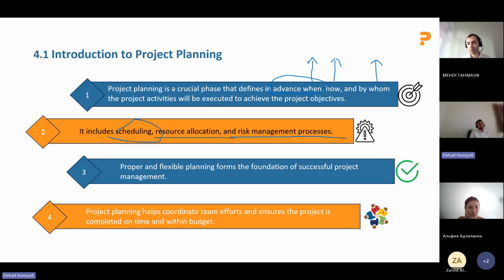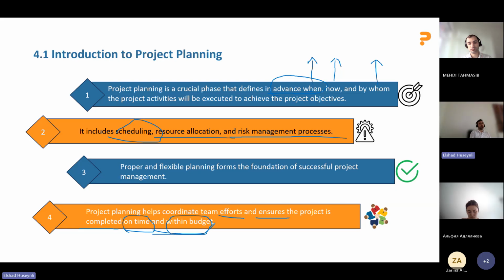Of course, for successful projects, we need a proper plan. Project planning helps coordinate team efforts and ensures the project is completed on time and within budget. On time is planners, within budget is cost control.